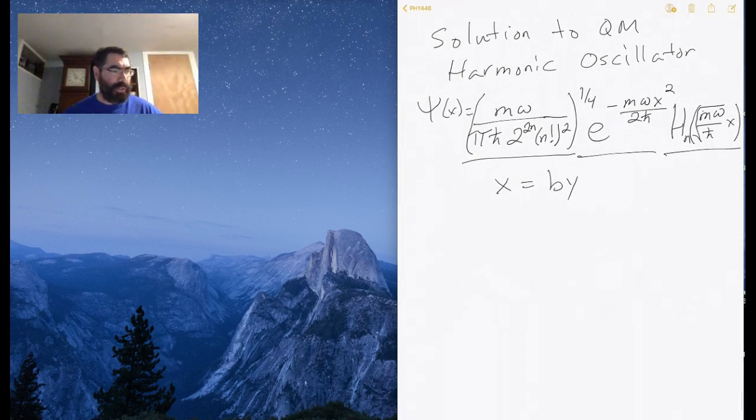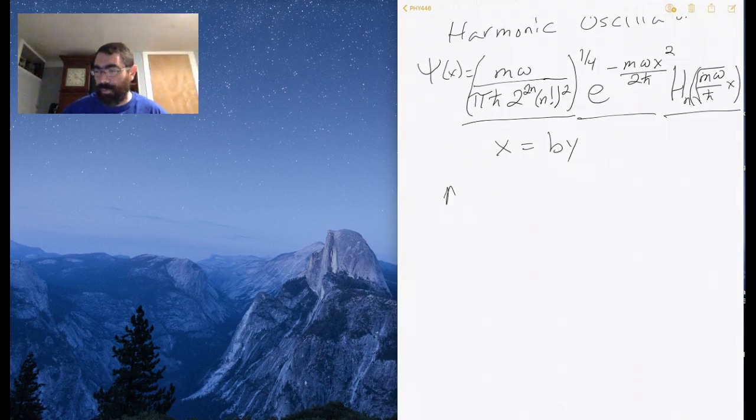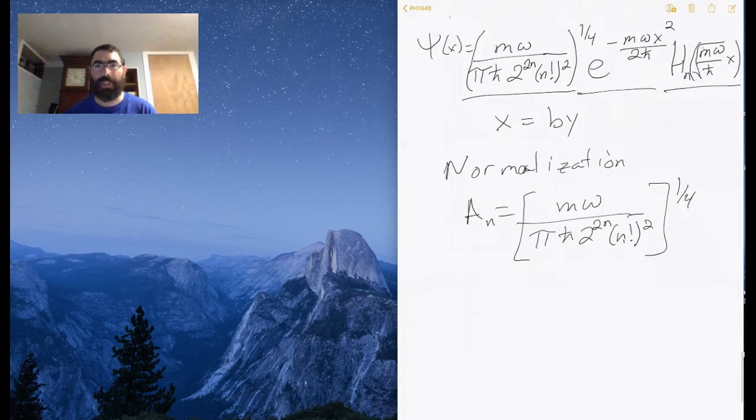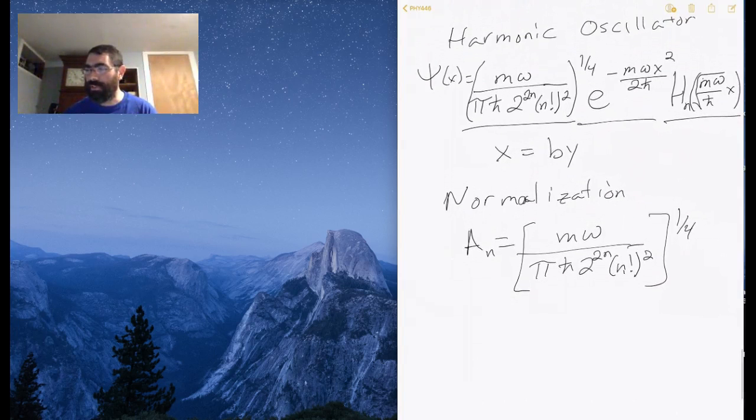And so later on, we will work out in class how to get this normalization constant, which I can just call a sub n, which is m omega over pi h bar 2 to the power 2n n factorial squared, all of that to the 1/4 power. So I said we'll work that out later. Not going to do that now. But this is basically it.